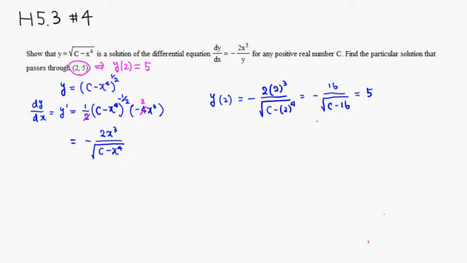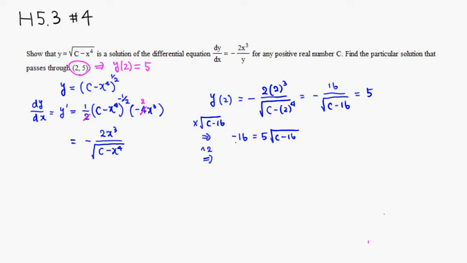First thing I would do is multiply both sides by square root of c minus 16. Then you get negative 16 is equal to 5 times square root of c minus 16. Then we can square both sides.